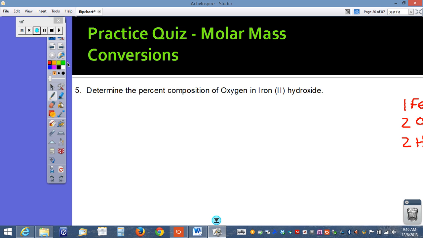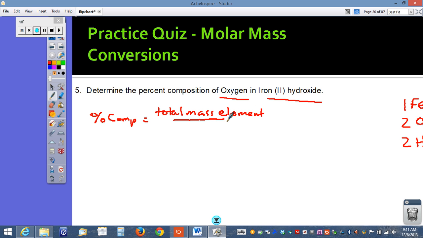Let's try number 5. To determine the percent composition of oxygen in iron 2 hydroxide. First off, my formula is the percent composition is equal to the total mass of the element over the molar mass times 100.